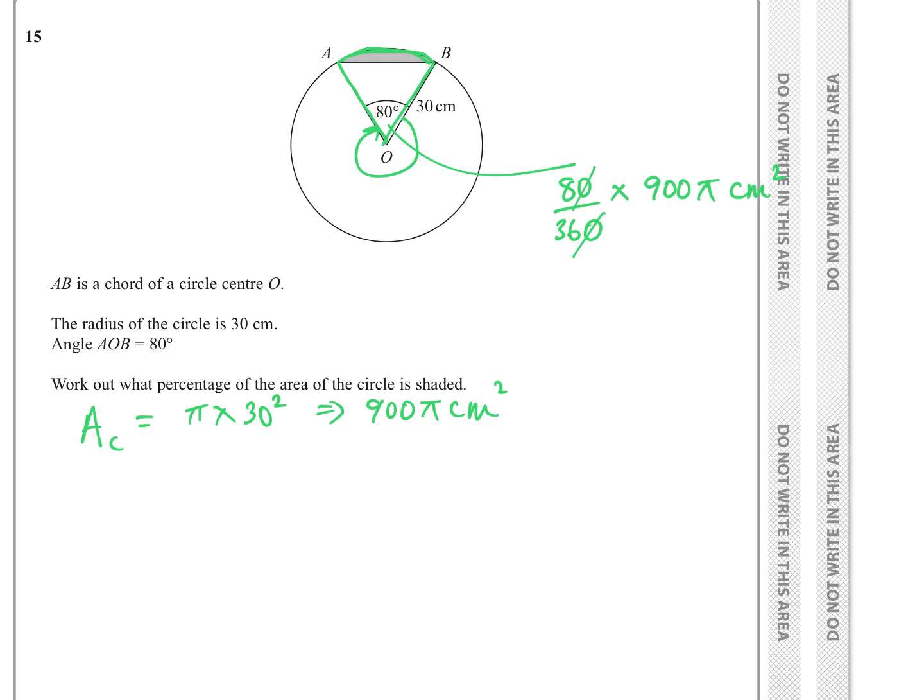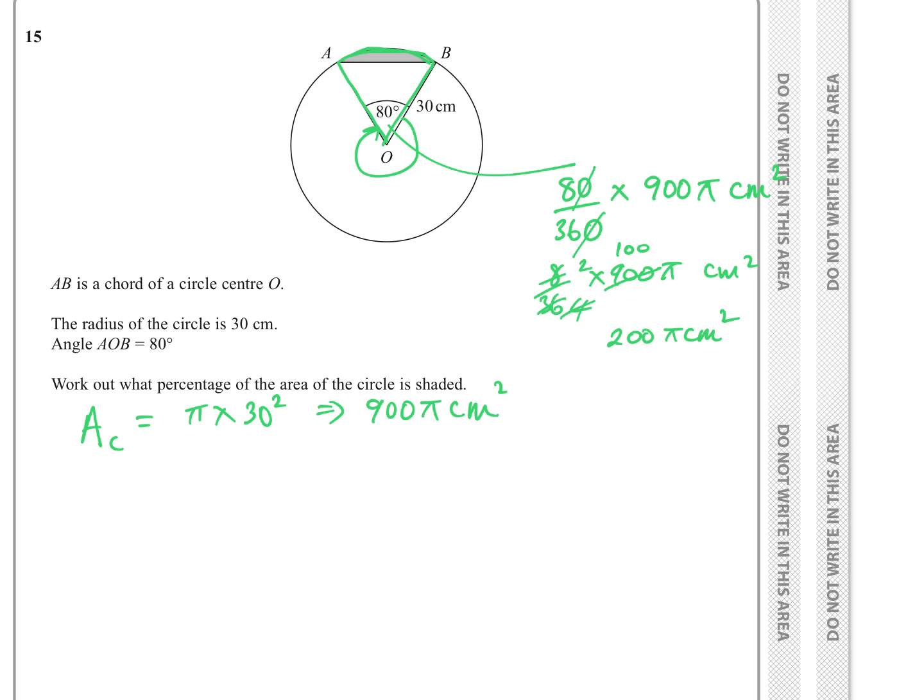So I'm going to cancel these and I'm going to have 8/36 of 900 pi. And then I'm going to divide this by 9 and this by 9, and then 4 into 8 is 2. So I'm left with 200 pi centimetre squares.